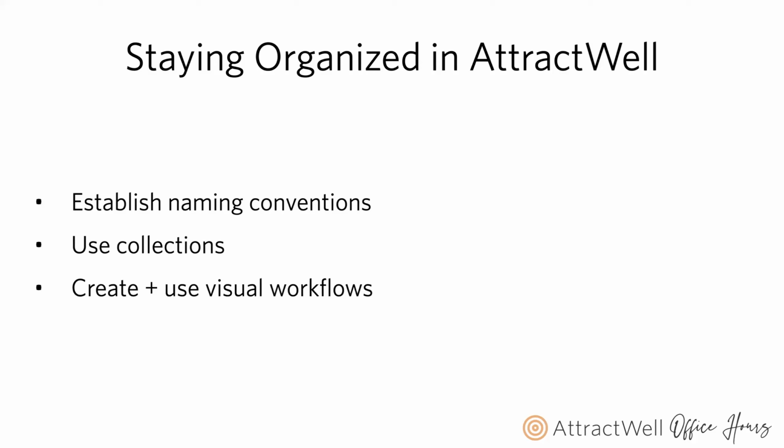And then we will talk about how to create and use visual workflows to really provide a documentation of the systems that you're creating so that you can easily go in and see with a bird's eye view what is what and why, right? And where things are. But also importantly, if you plan to, or if you currently have team working with you, or if you outsource any element of your business, then of course this is going to be a really important tool for you to have in place for someone to be able to support you effectively.